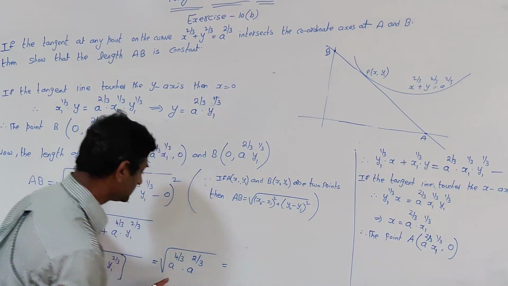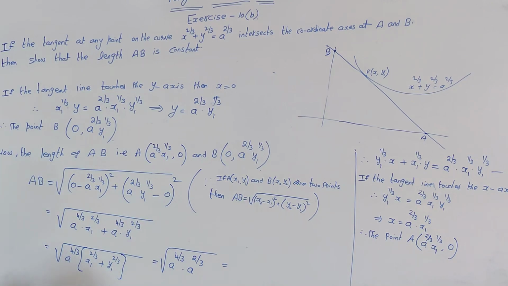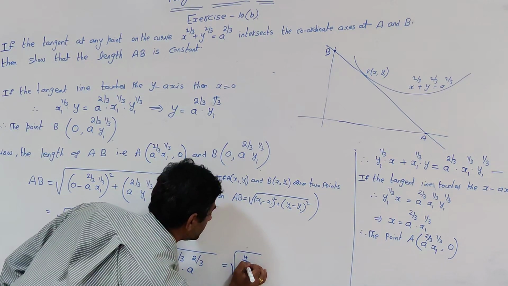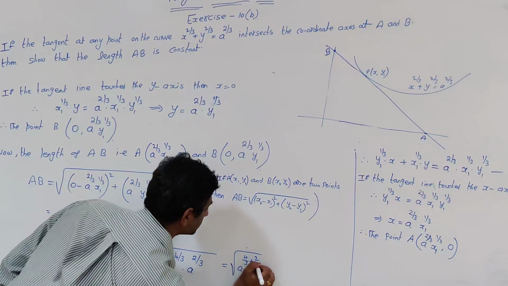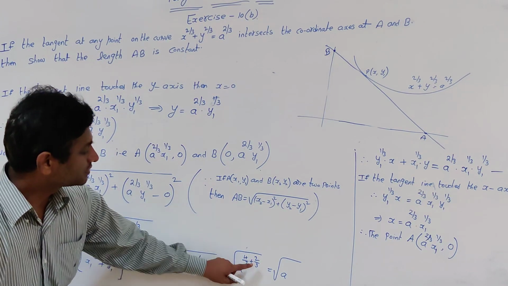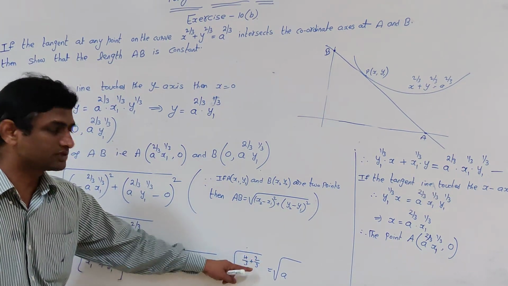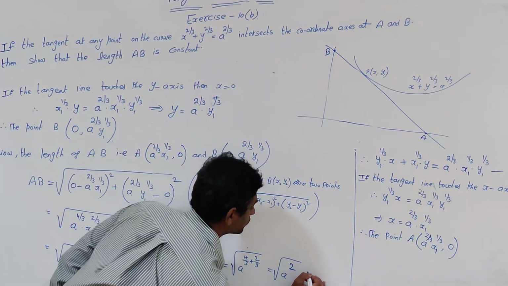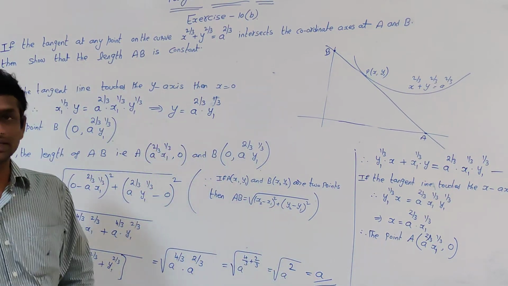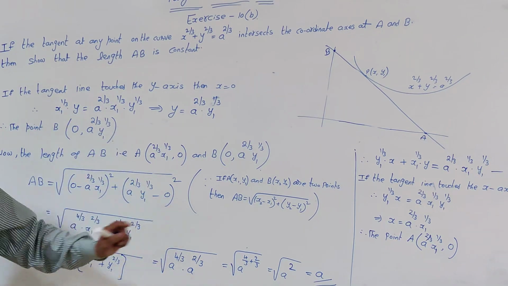As bases are same, powers will be added. That is square root of a to the power of 4 by 3 plus 2 by 3, which is square root of a to the power of 6 by 3. 4 plus 2 is 6, 6 by 3 is 2. So square root of a square will be a, that is constant. So the length of AB is constant.